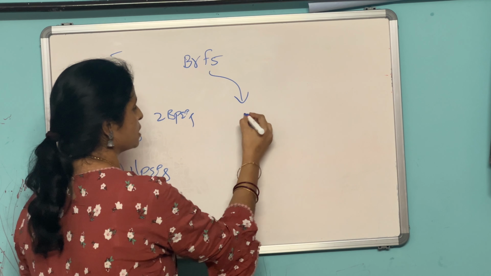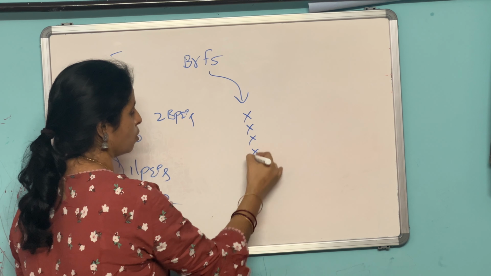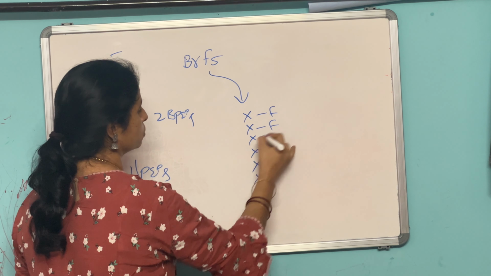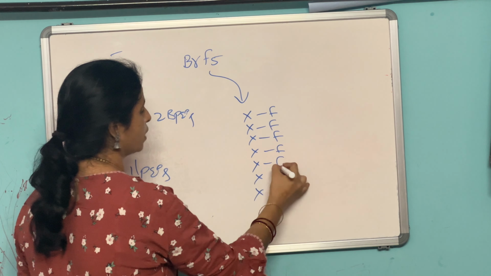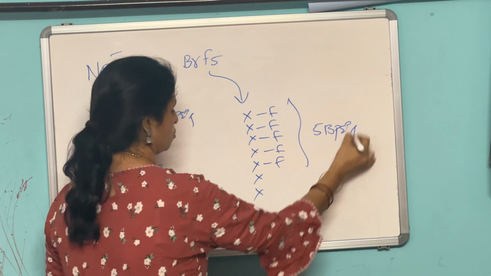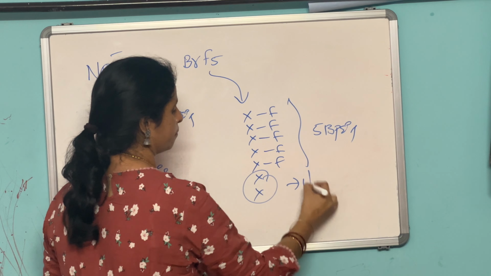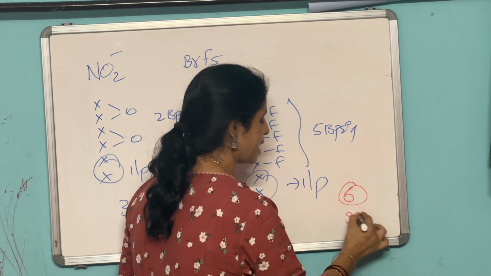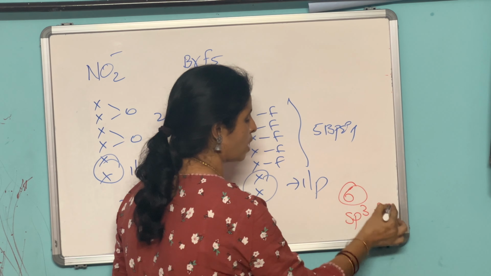Next BrF5. Bromine belongs to 7th group. 1, 2, 3, 4, 5, 6, 7. So 5 fluorines, 1, 2, 3, 4, 5. 5 bond pair of electrons with 1 lone pair. So altogether 6. 6 means sp3d2 hybridization.